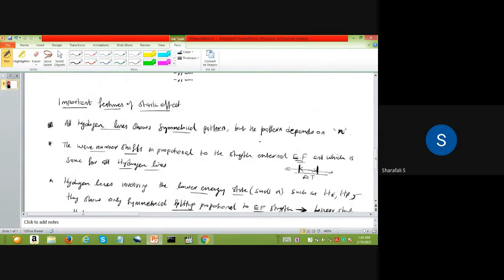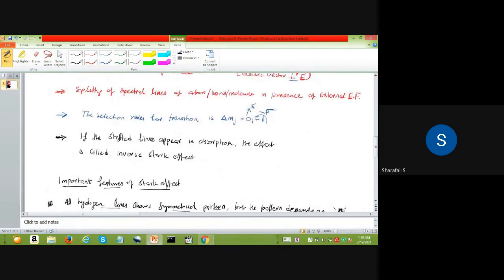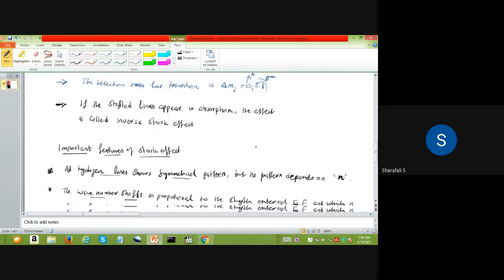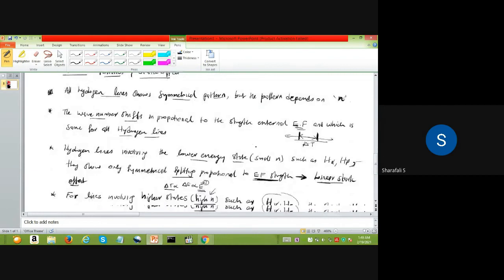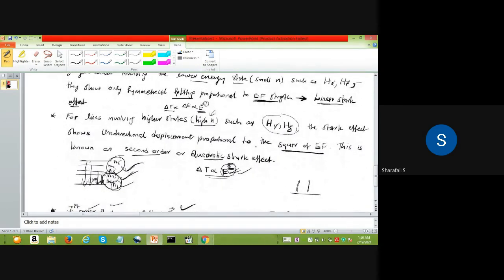Here we have given some important points regarding the Stark effect. We have not yet discussed what the exact mechanism is. We know only that it is happening because of the electric field. The energy level is splitting because of the external electric field. And now we have to consider the Balmer series hydrogen spectra, and we will discuss more about how this spectra is splitting and what the different possibilities of this output are.